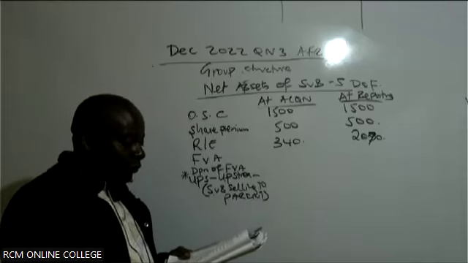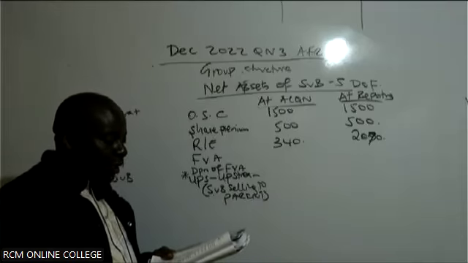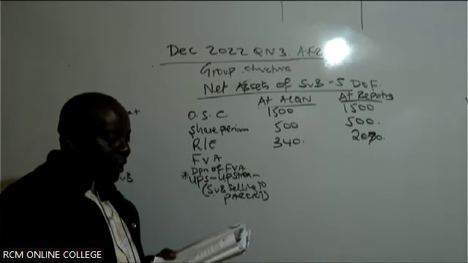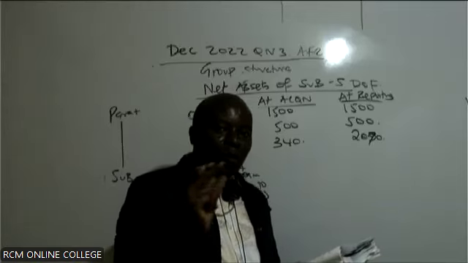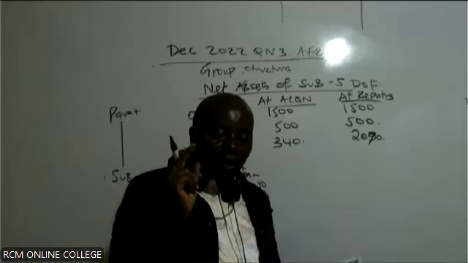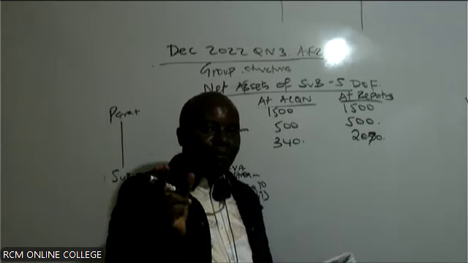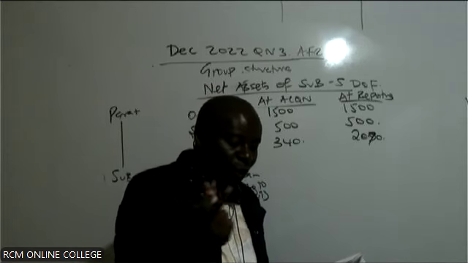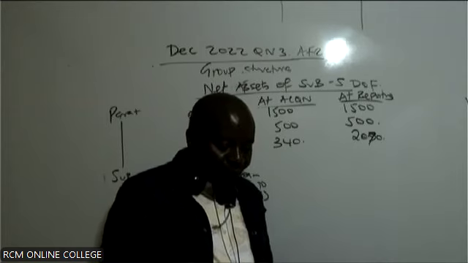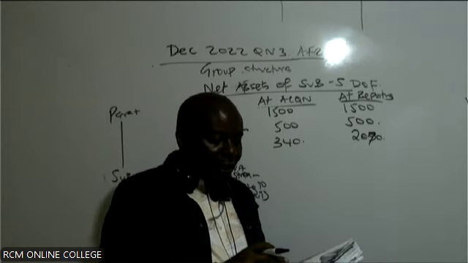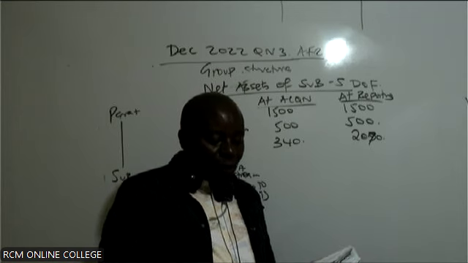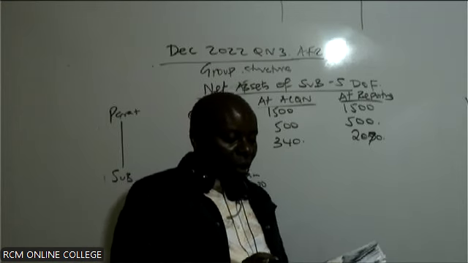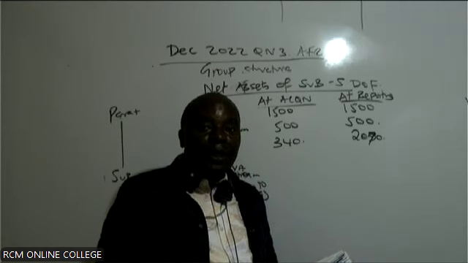If you look at note number 4, we are told during the year ended 31st October 2022, S Limited sold goods worth 400 to H. This is an upward transaction, an upstream, subsidiary to the holding company, to H. And we are told that it reported a gross profit margin of 25% on all of its sales. 20% of these goods remained in the closing inventory of H Limited.